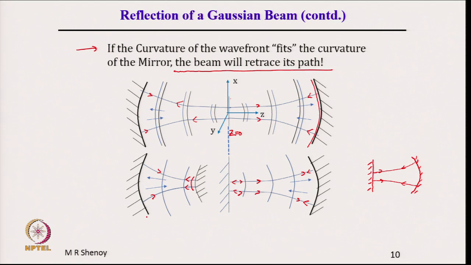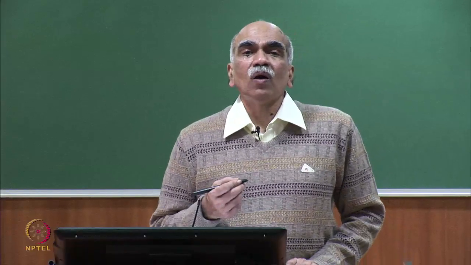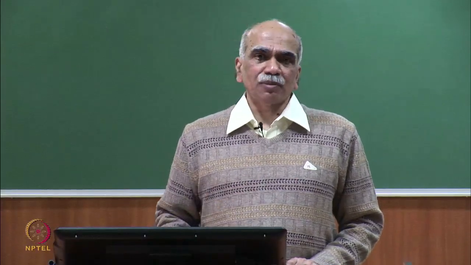In other words, we can also form a stable resonator with one concave mirror and one convex mirror, which we had seen during the discussion on the stability condition. We have seen that it is possible to have stable resonators with one concave mirror and one convex mirror.